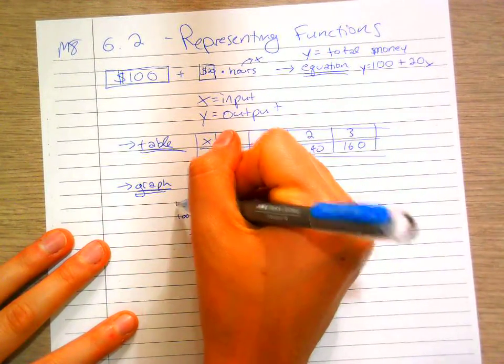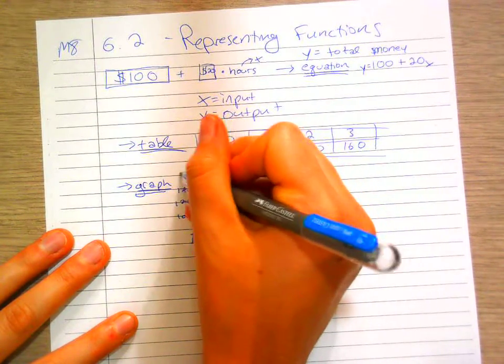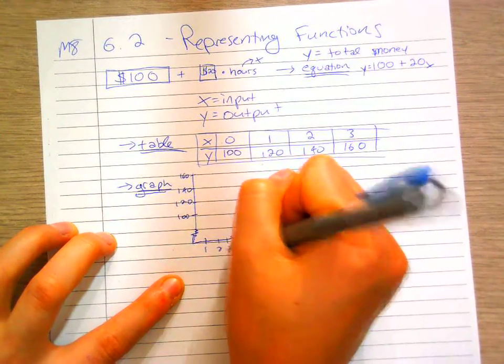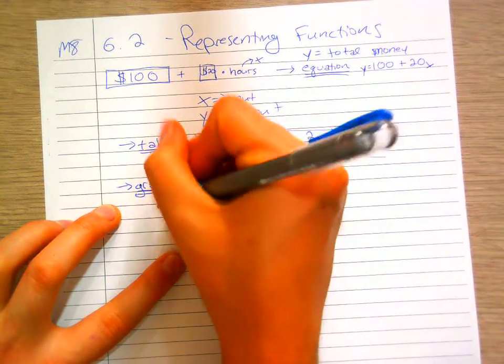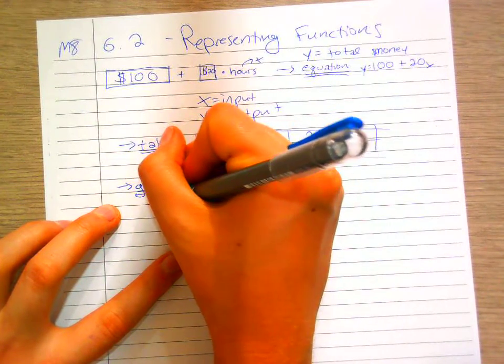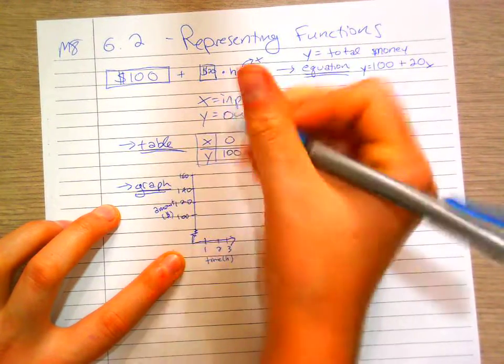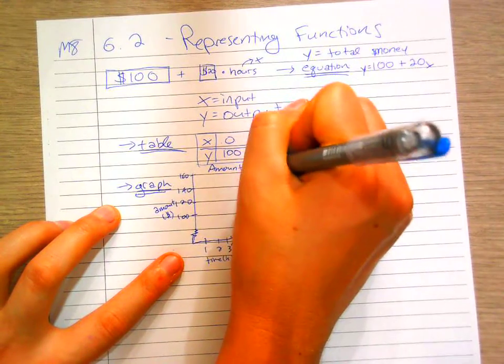We're going to do 120, 140, and 160. 1, 2, 3. This is time in hours. This is amount in dollars. And this whole thing is the amount paid for Spanish.